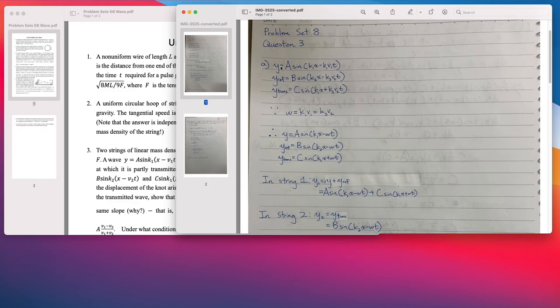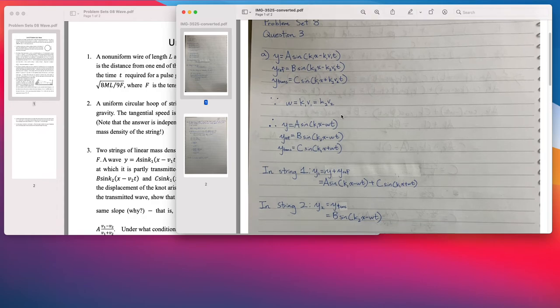I set the original wave as Y, the reflected wave as Yref, and the transmitted wave as Ytrans. Because omega is equal to k1v1, which is also equal to k2v2, as given in the problem, we can rewrite the equation with omega as shown below.